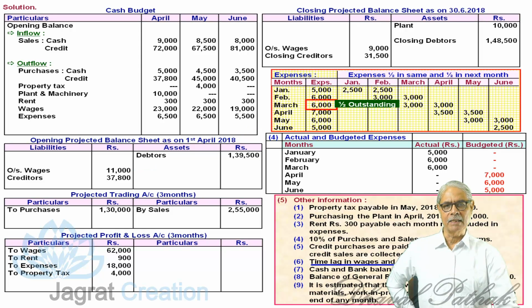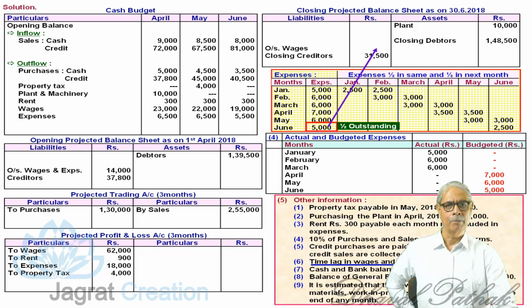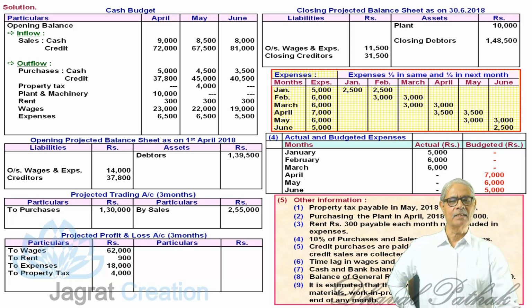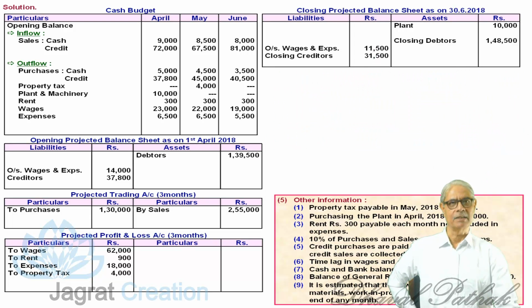So see, the expenses were 3,000. Wages outstanding were 11,000 plus 6,000, 17,000 wages and expenses outstanding. Similarly, 5,000, 2,500 expenses are outstanding. Outstanding wages are 9,000 plus 5,000. Look at 9,000 plus 2,500. So total wages and expenses outstanding are 11,500.